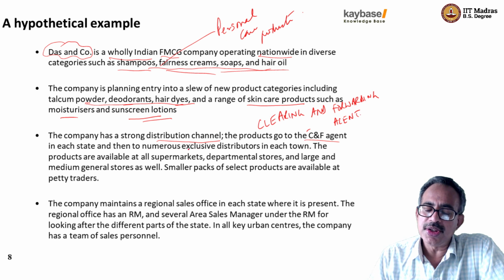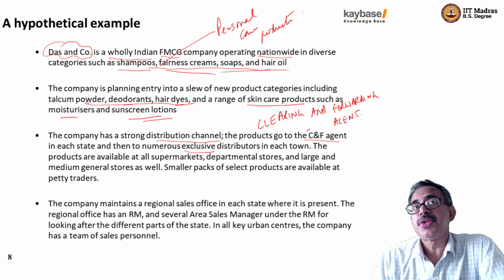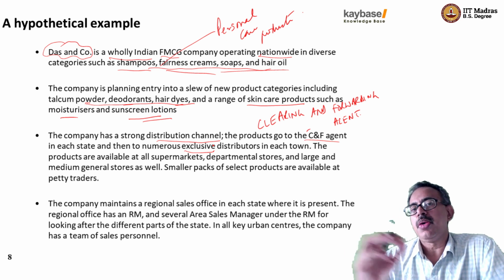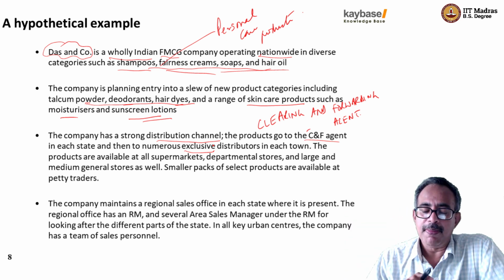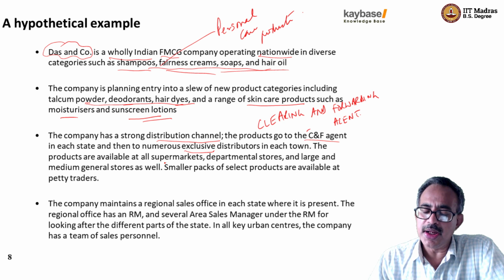And then it goes to exclusive distributors. So the distributors stock only Das & Co products. They don't stock the competitors' products. The products are available in all supermarkets, departmental stores, and large and medium general stores or groceries as well.